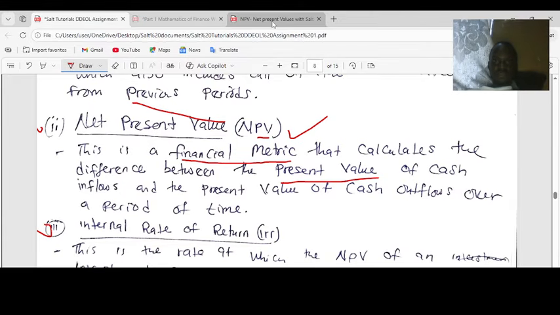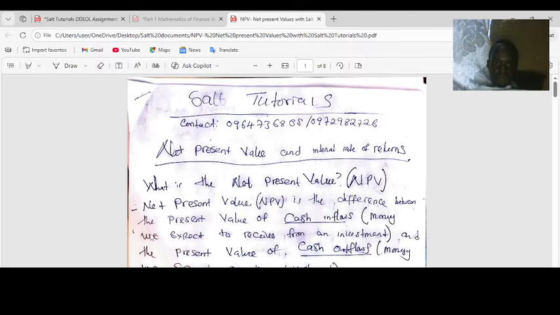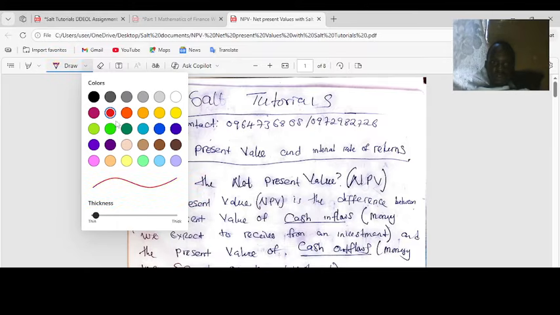Let me just go to my notes here. If you look at these notes, I even sent you these notes. So what is this NPV? We are saying that it's the difference between the present value of cash inflows. What do we mean by cash inflows? Money we expect to receive from the investment. Those are the cash inflows.